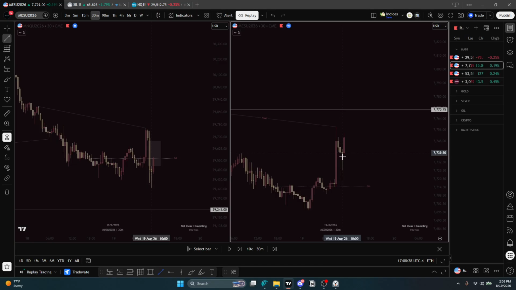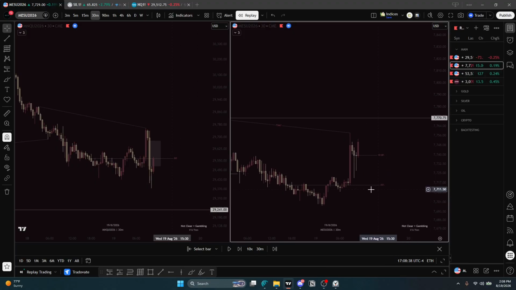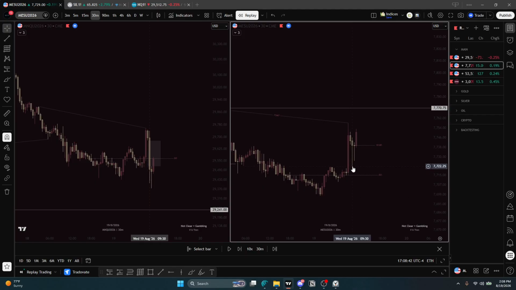Then we have Tinium here. So what do we do prior to Tinium? Technically we created SMT with these lows, kind of like advanced premium discount while this asset's in EQ of the current day range within this gap.